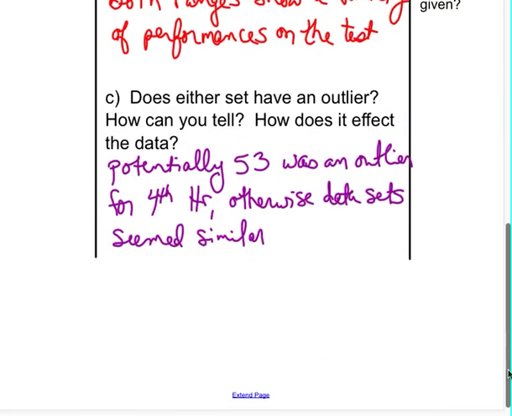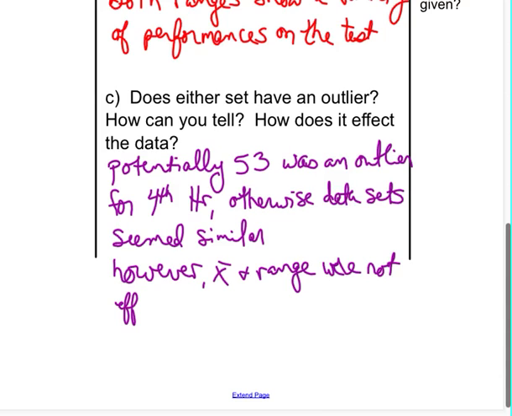So I'm actually going to say, however, that the mean and range were not affected, so I do not believe 53 is a real outlier.